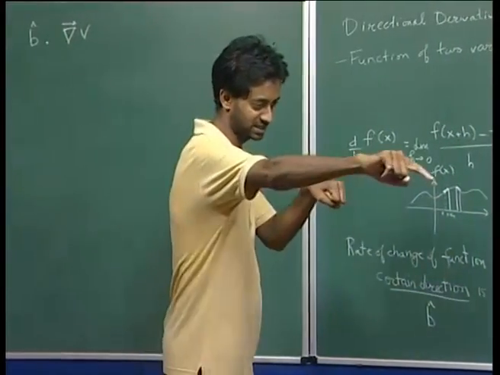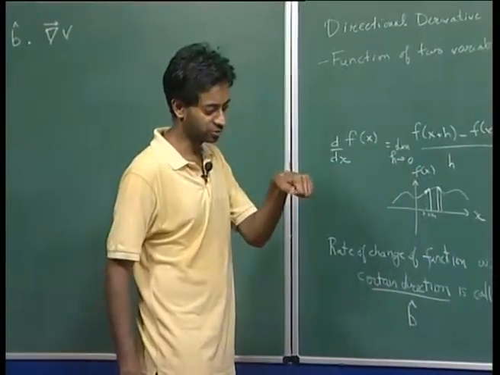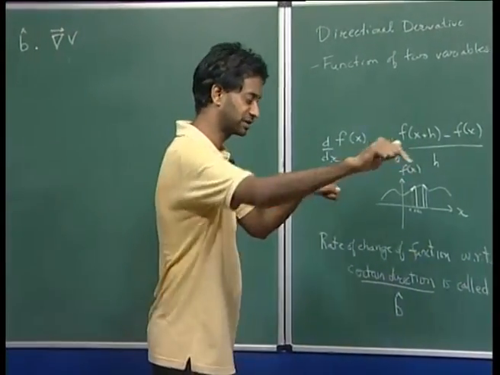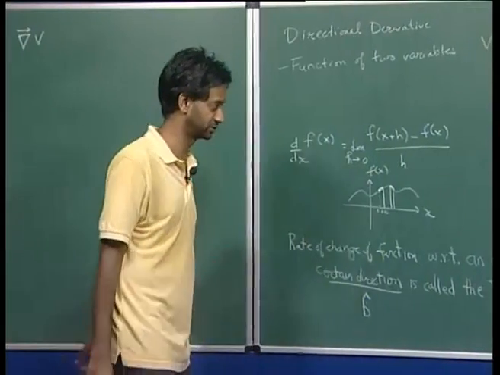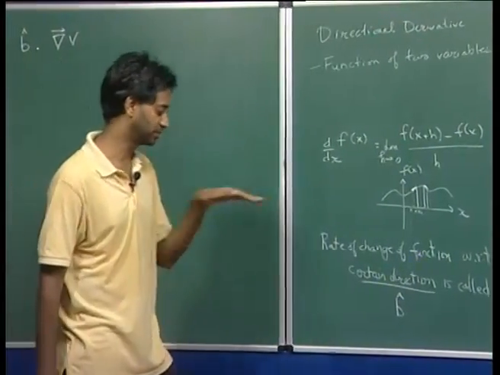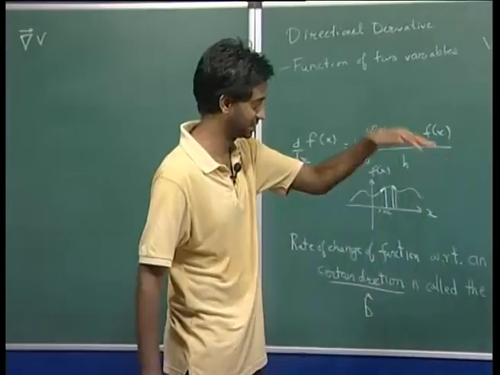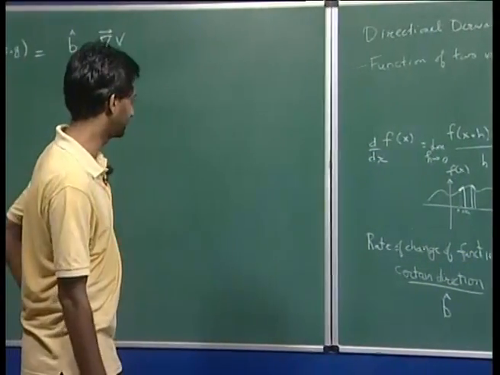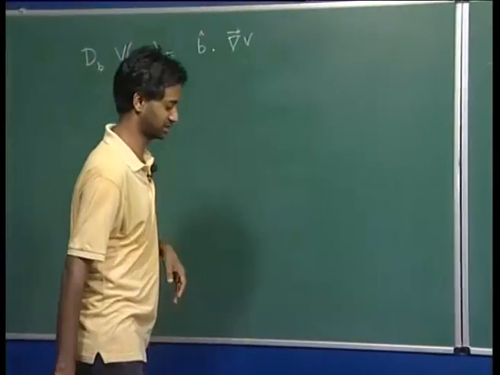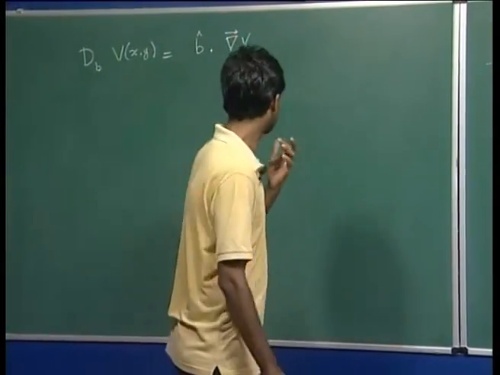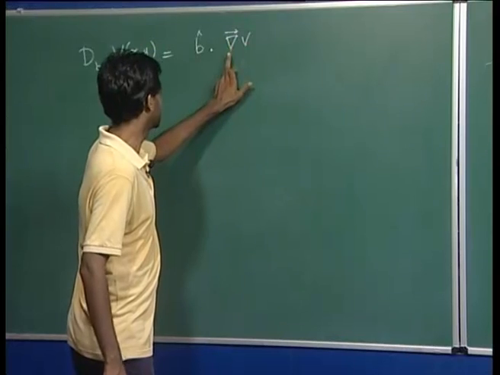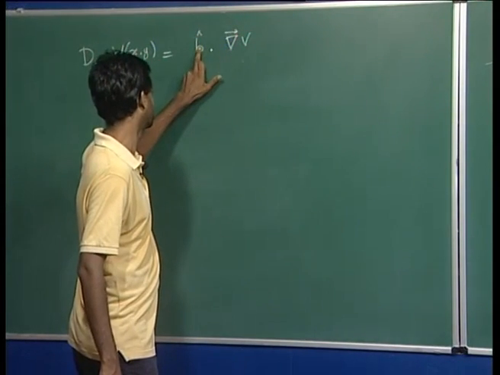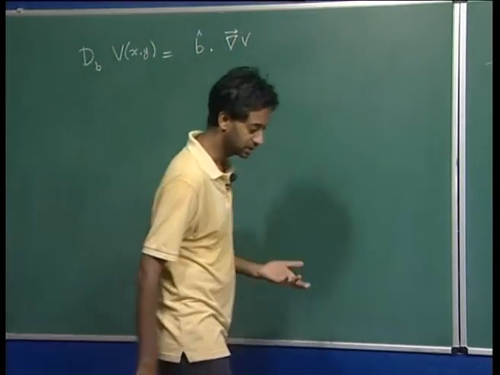To calculate that, you calculate the gradient at this point and take a dot product with the unit vector in whichever direction you are going. For example, you might go very steeply in one direction and very gradually in another, and the directional derivative will contain information about that.